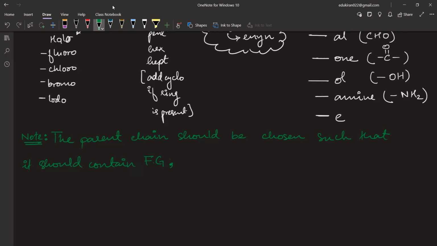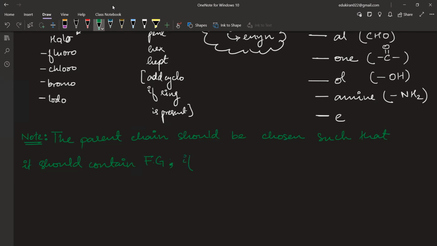That means, first of all, you have to identify the functional group. If any of those functional groups are present, then that functional group should be present in the main chain. And no matter how long the other chains are, they are not our main chain. They are not our parent chain. Our parent chain is that chain which is containing the functional group.